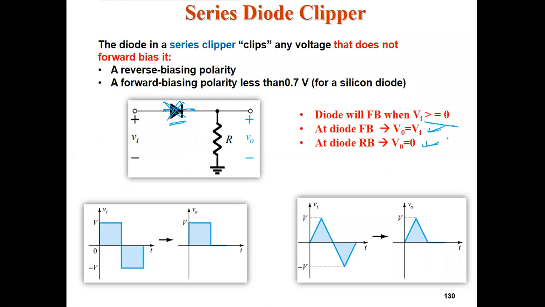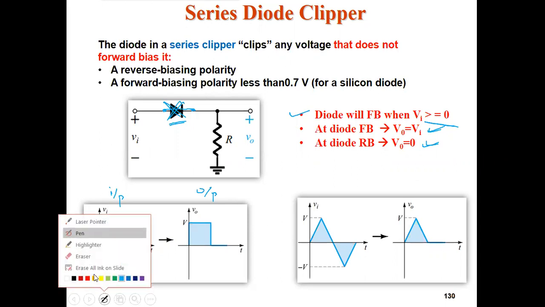Once you have this, the left side is my input waveform, and this one is my output waveform which I want to calculate. First, as per the condition written in the first line, when the diode is on, when Vi is greater than 0, obviously during the positive half cycle the diode is forward biased, because your Vi is greater than 0.